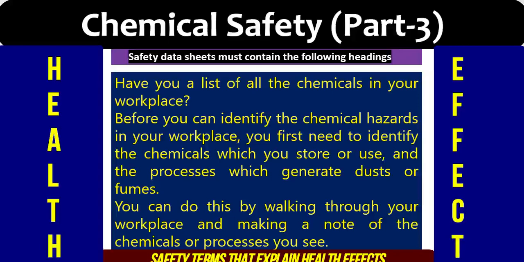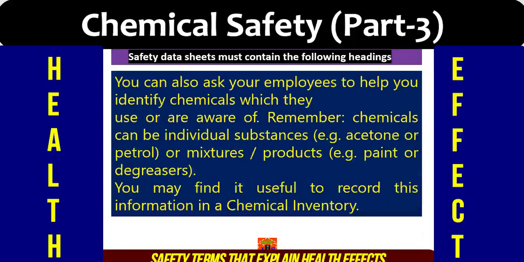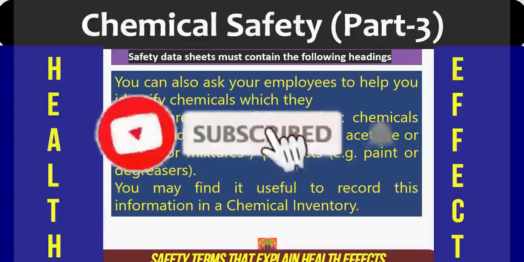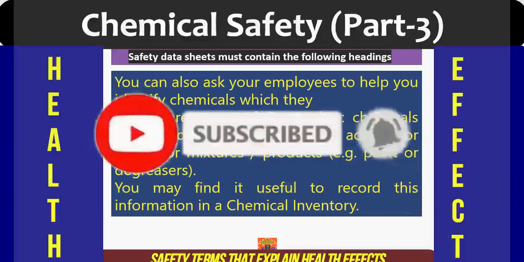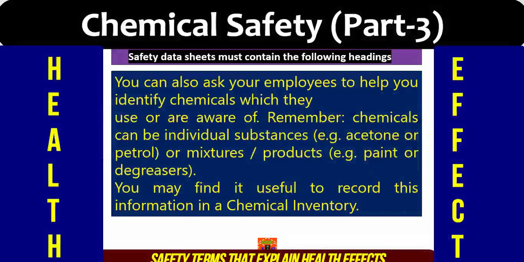You can do this by walking through your workplace and making a note of the chemicals or processes you see on your site. You can also ask your employees to help you identify chemicals which they are using or aware of. Remember, chemicals can be individual substances, for example, acetone, petrol, or mixtures, products, for example, paint or degreasers.